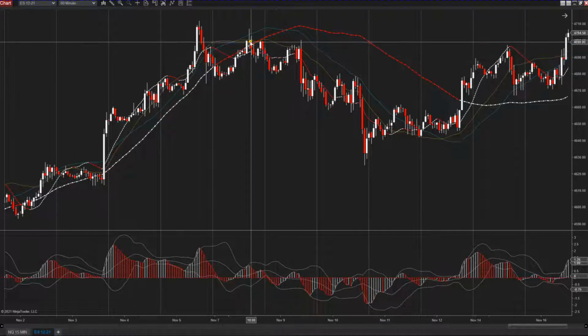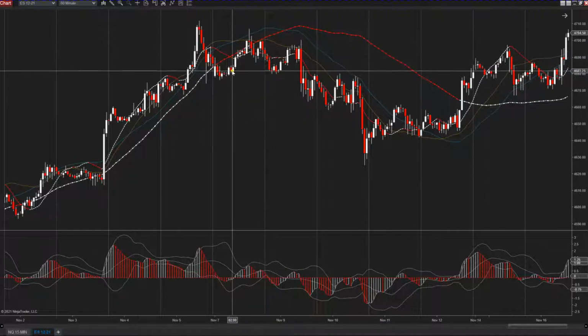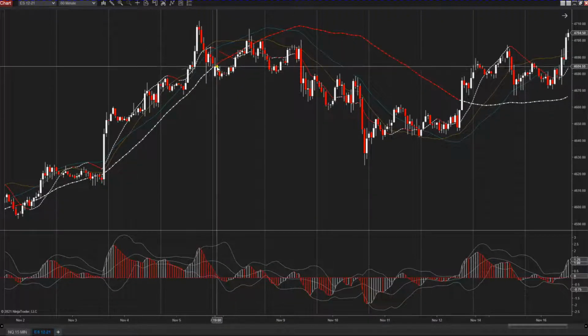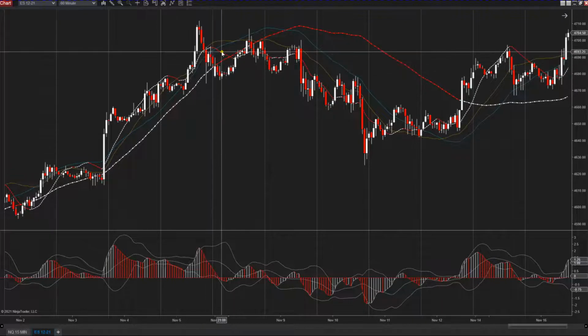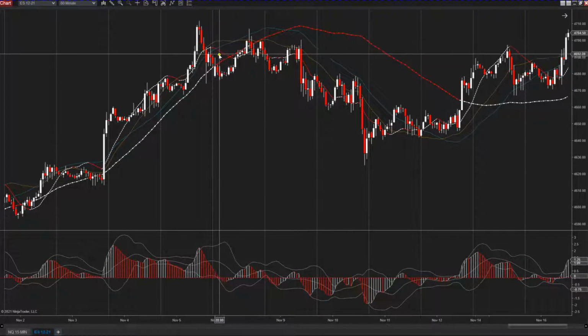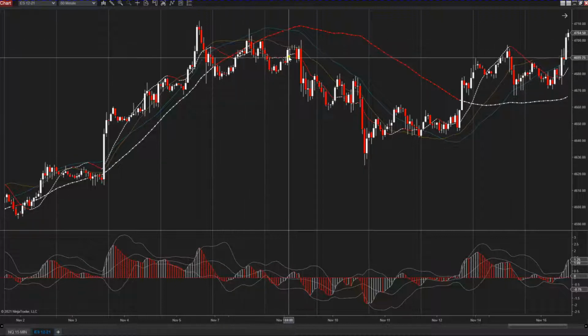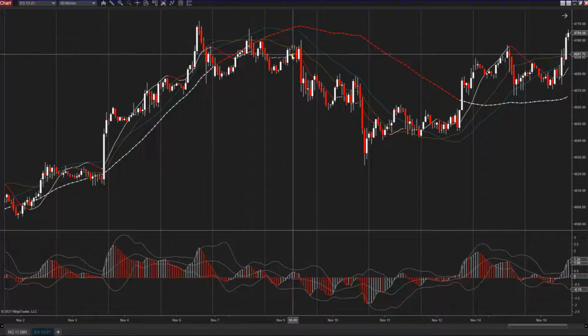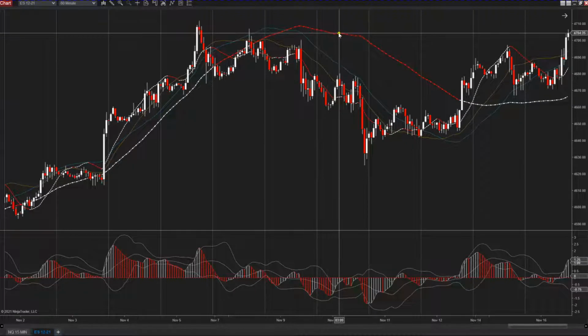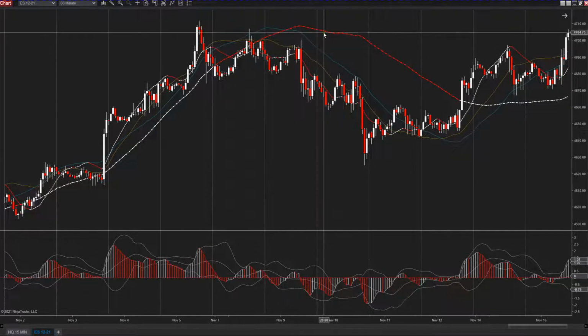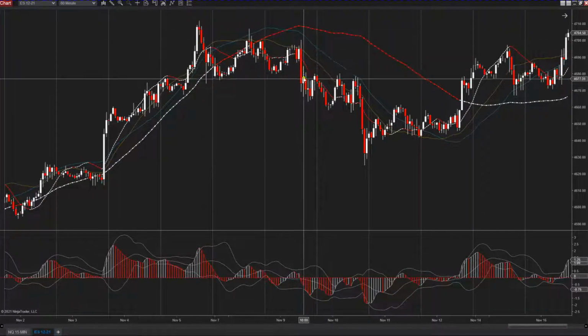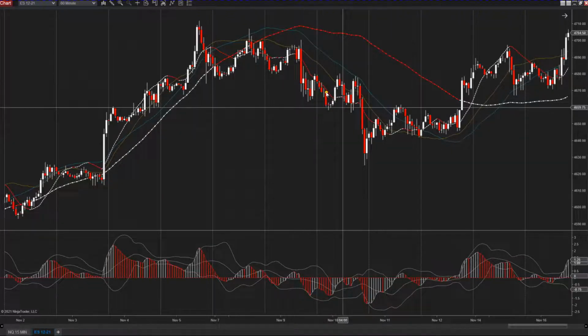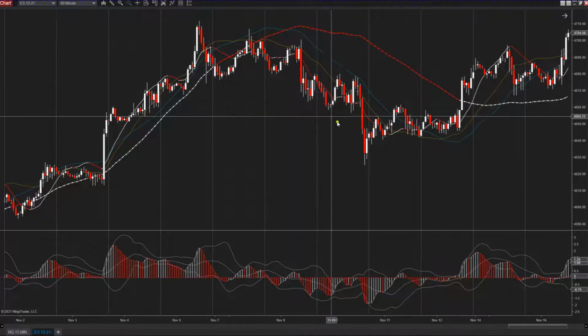Likewise, over on this side, you can see that we broke below all 4, but the linear regression lines were still above the 1. So you really have to have all 4 regression lines above or below the 1, the other 3 below the 1, with the price reaching below all 4 to get that down thrust or up thrust.